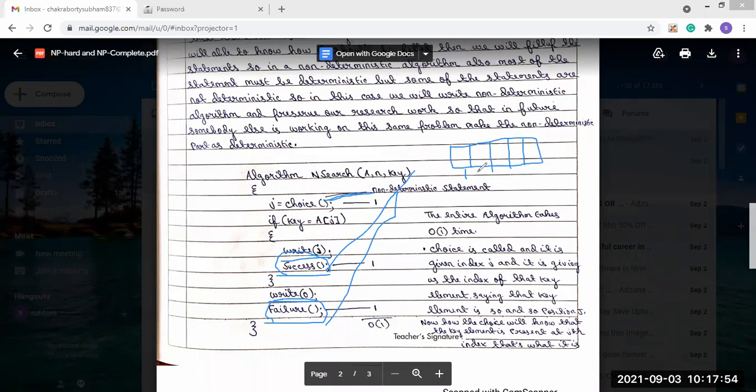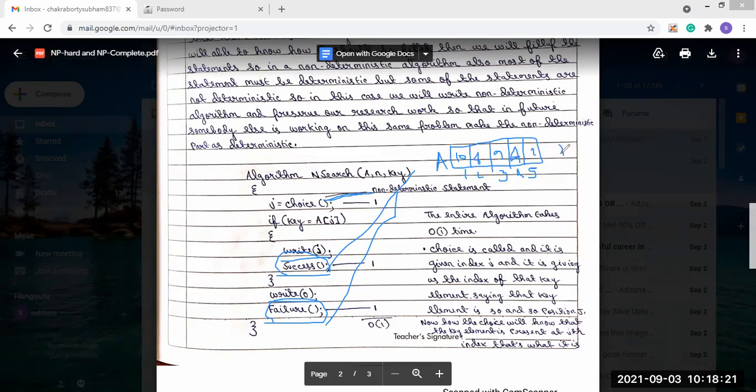In this array, the elements present are 10, 8, 9, 4, 2.